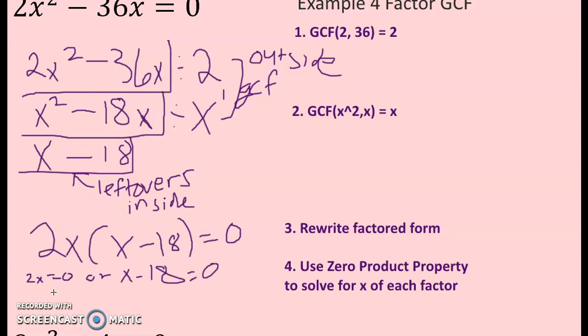So for 2x equals 0, we're going to divide each term by 2. 0 divided by 2 is 0. 2x divided by 2 is x. So we have x equals 0, or add 18 to each expression. X equals 18. So our two zeros are x equals 0 and x equals 18.